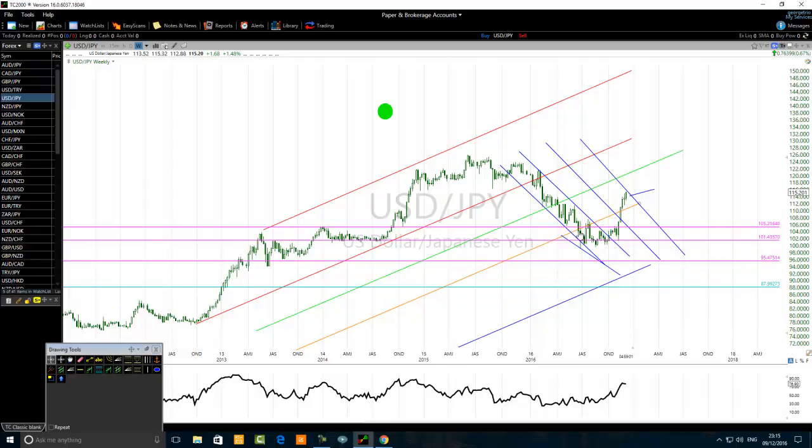And you can see that the price came out of the second channel, and then here it is. It now is back inside. So it turned around here and returned inside the channel. So if a financial instrument is in the rising channel and it came out of the rising channel, it is indicating to us that the bullish momentum is diminishing.